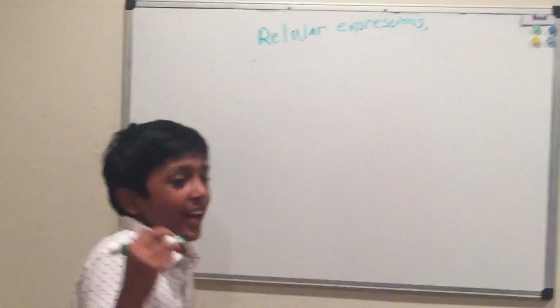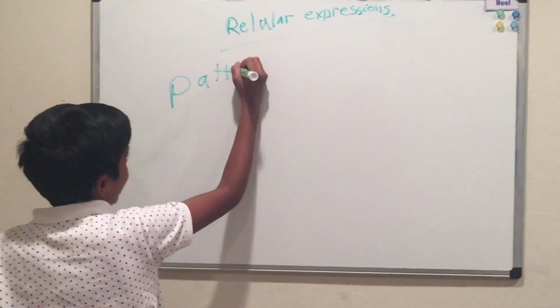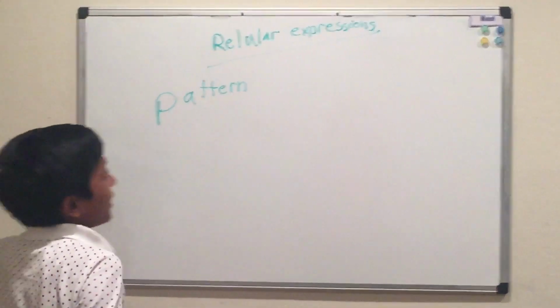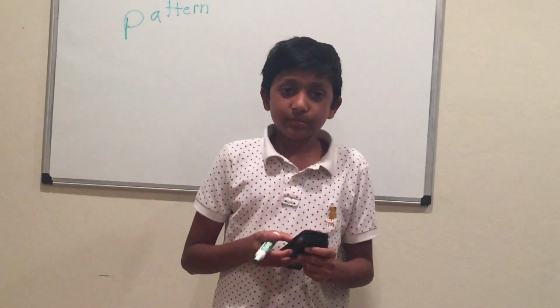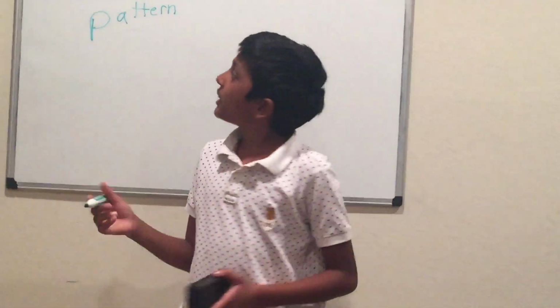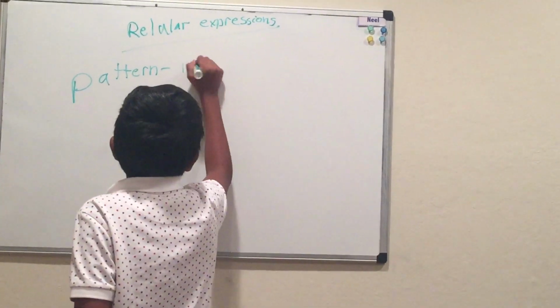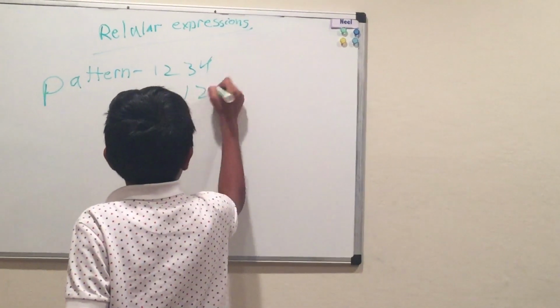So, most of you should know what a pattern is, right? It's a sequence of letters, digits, symbols that keeps on repeating in a way. So it doesn't have to be 1, 2, 3, 4 or 1, 2, 1, 2, 1.